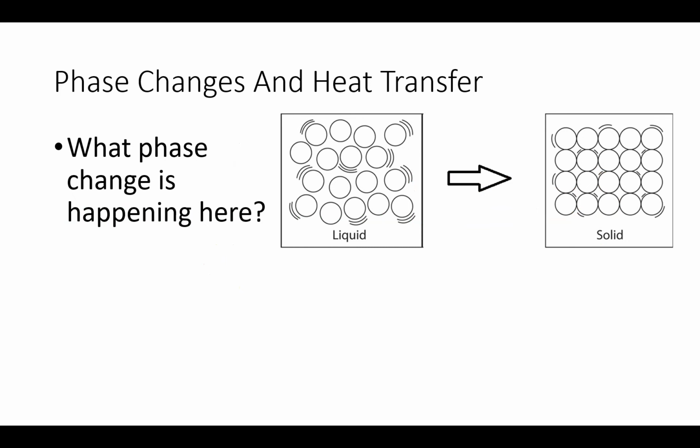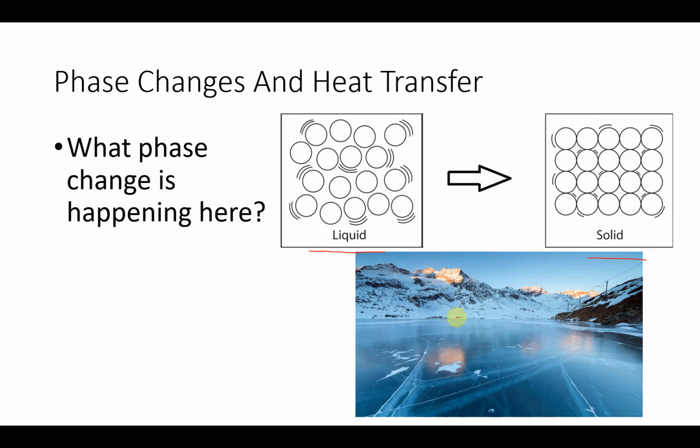If we look at this one, you can see that in this example, a liquid is turning into a solid. Well, what kind of phase change do you think is happening here? If it's a liquid turning to a solid, that's freezing, right? We had a liquid water underneath this ice and it froze, so that's an example of freezing.